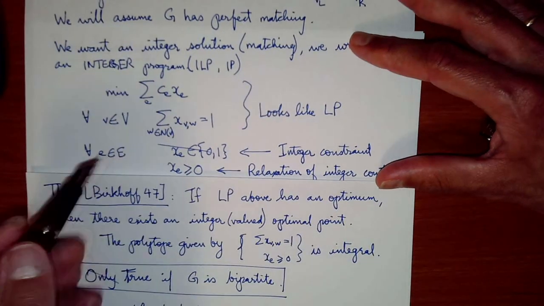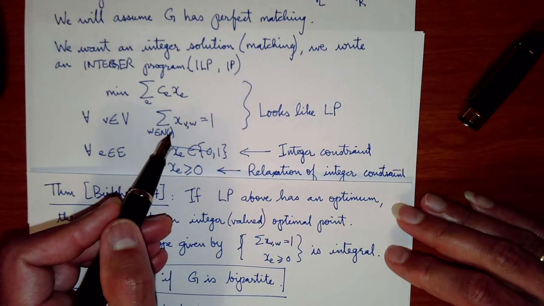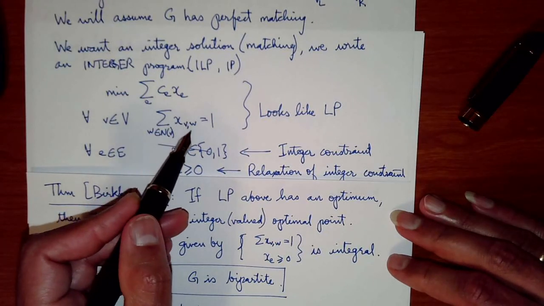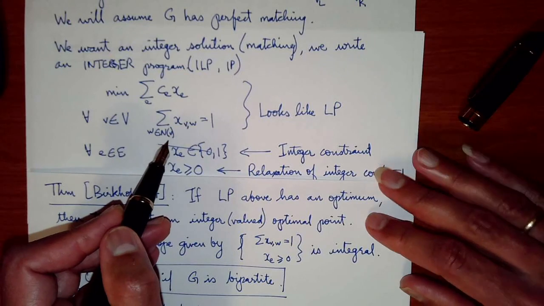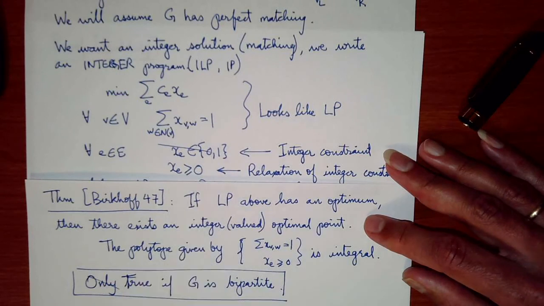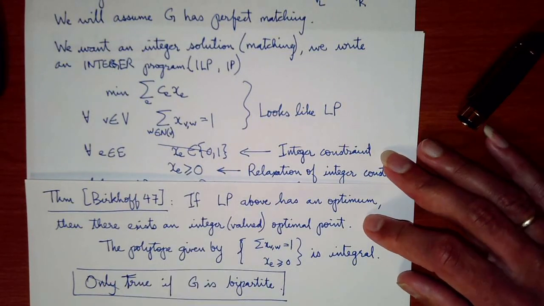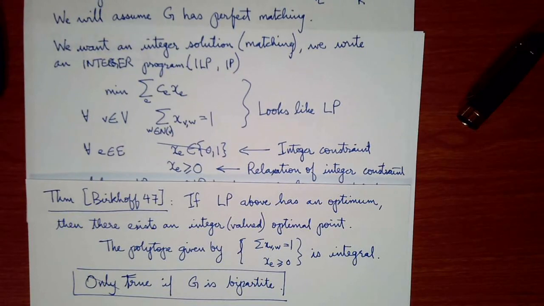It was the summation of x v w equals 1 for all w in the neighborhood of v, with x e greater than or equal to 0. If this LP has an optimum, then there exists an integer valued optimal point. I'll give a direct and fairly elegant proof of this fact.